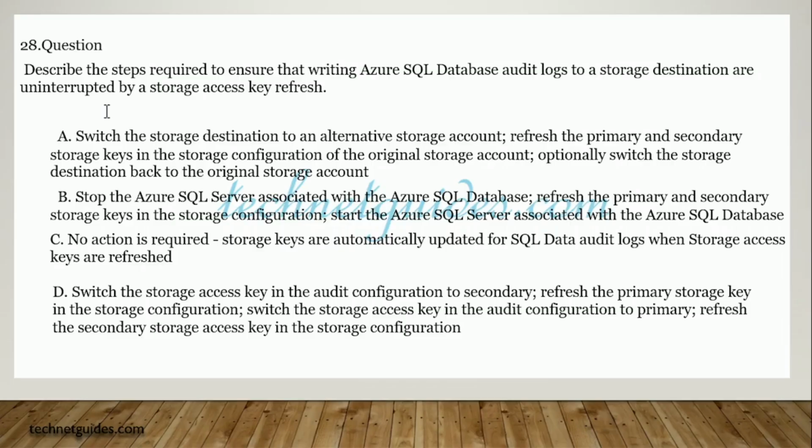Optionally, switch the storage destination back to the original storage account. Option B. Stop the Azure SQL Server associated with the Azure SQL database. Refresh the primary and secondary storage keys in the storage configuration, then start the Azure SQL Server associated with the Azure SQL database.